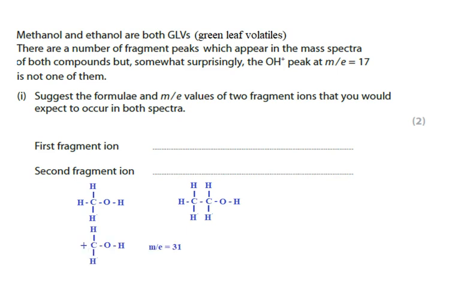Okay, so one fragment would be the one where I remove one of the hydrogens and I end up with a CH2OH fragment. This would be present both in methanol and in ethanol. So this is one fragment present in both. And the m/e for that is 31.